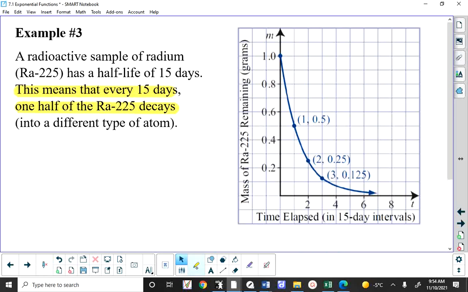Because if you look at the amount of radium present to begin with, it's 1 gram, which is very contrived. We're going to have to eventually deal with the fact that that y-intercept is not always 1. But it's 1 gram. And 1 15-day interval later, so this x-coordinate is 1, but it represents 15 days. You can see that after 15 days, the y coordinate, which is the mass remaining, is half.